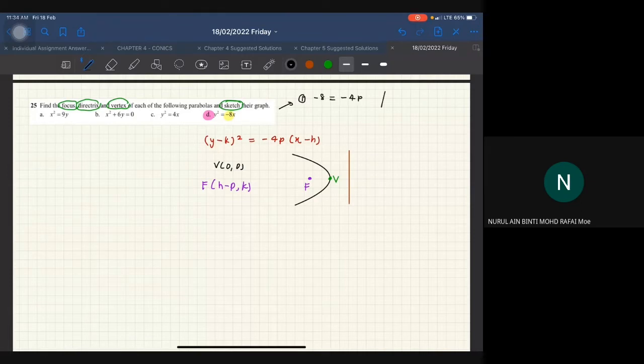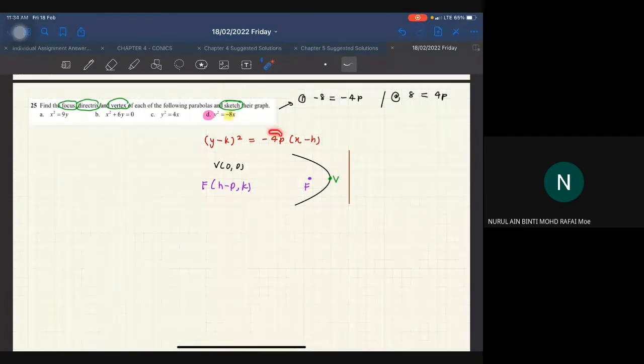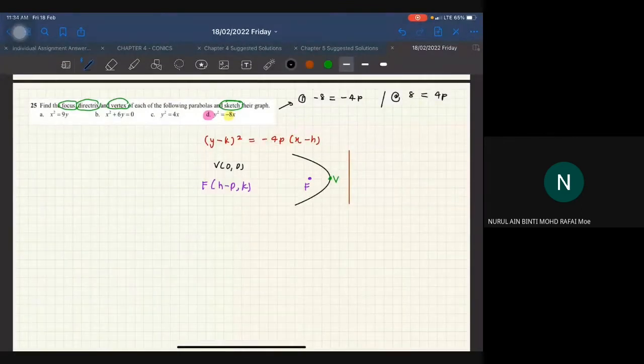Ataupun awak nak buat 8 sama dengan 4p. So dia benda yang sama je. Okay, so kalau awak nak ambil negatif, di sini pun awak mesti ambil the negative. Okay, but if you don't want to take the negative, so just take the 8 and then this one just take the positive one without the negative. Okay, so either one, both are correct. So you have P is equal to, so 8 bahagi 4 awak dapat 2.